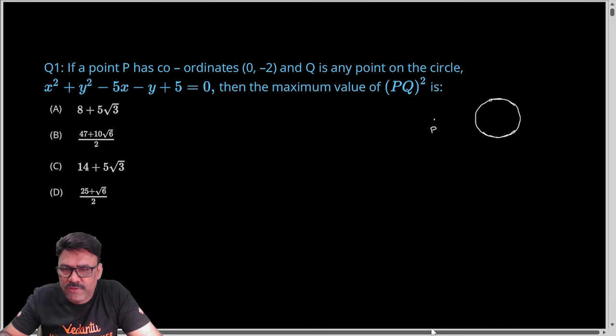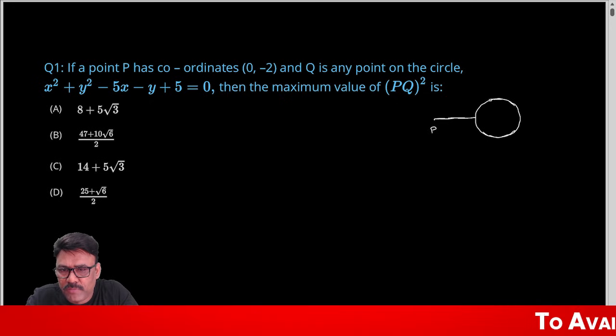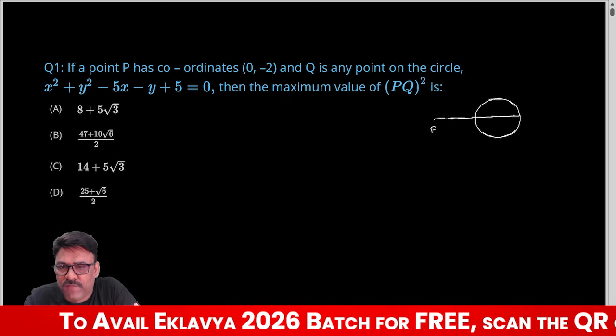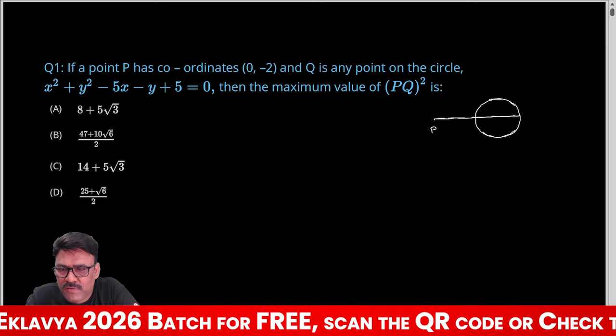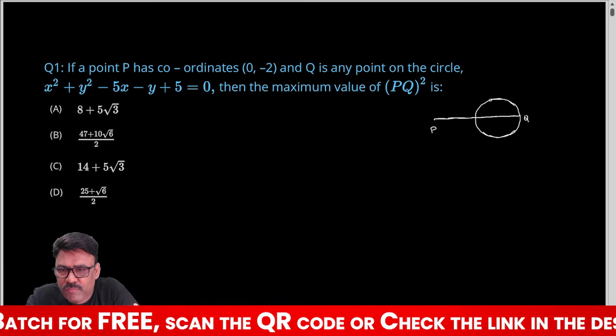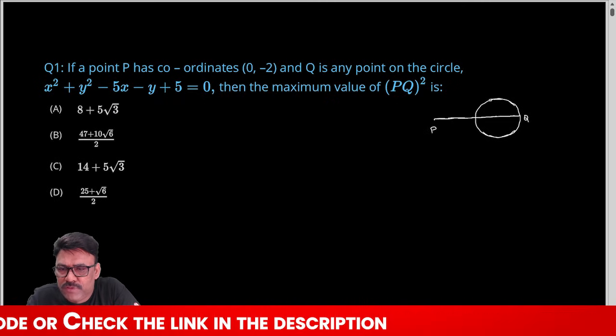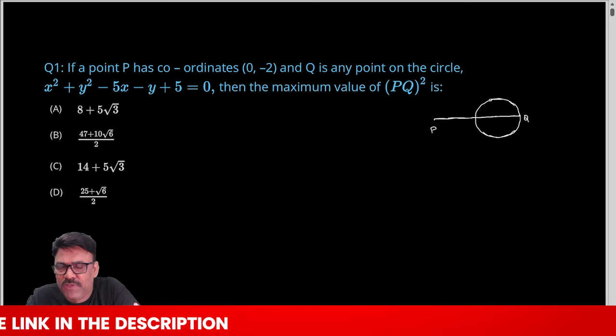So obviously what you will do, you will simply draw a normal from the point P to the circle. The farthest point from P on the circle is this point. So this point will be Q here. If you have to find maximum PQ, then Q must be at this point, meaning at the other end of the normal drawn through the point P.